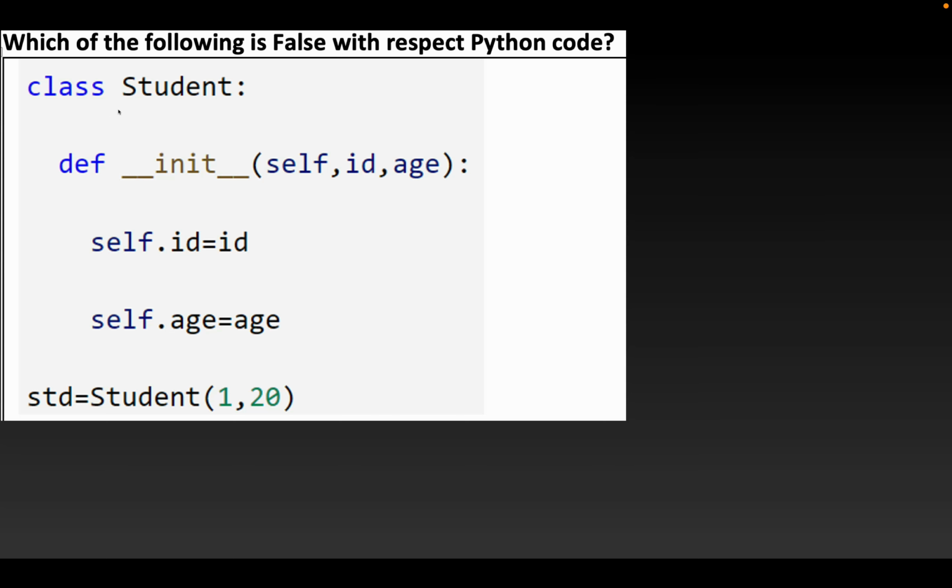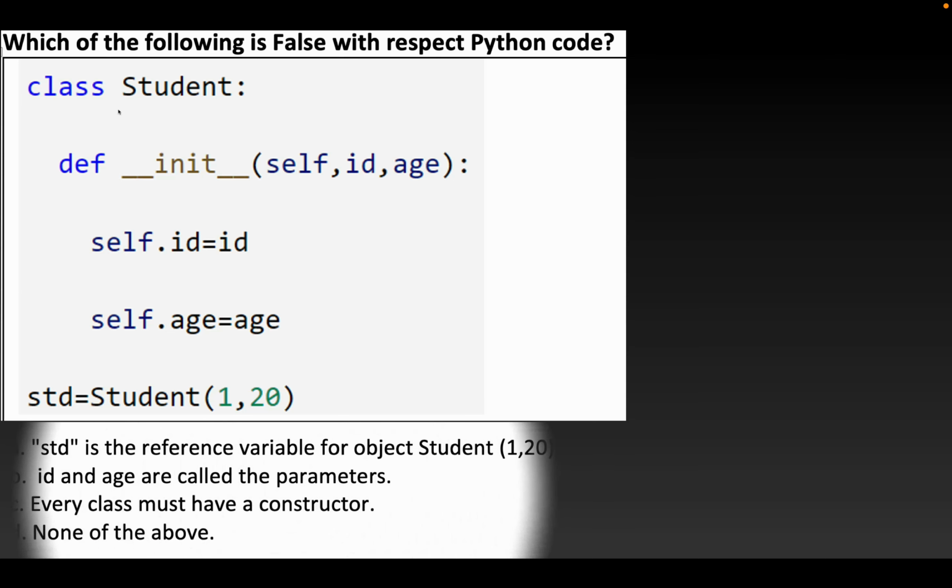Let's see what the different options are. It is asking which of the following options is false with respect to this particular code. The first option says std is a reference variable for the object Student(1, 20). Yes, it is true. Then it says id and age are called the parameters. Yes, inside the init method we have passed two parameters, id and age, so this is also true.